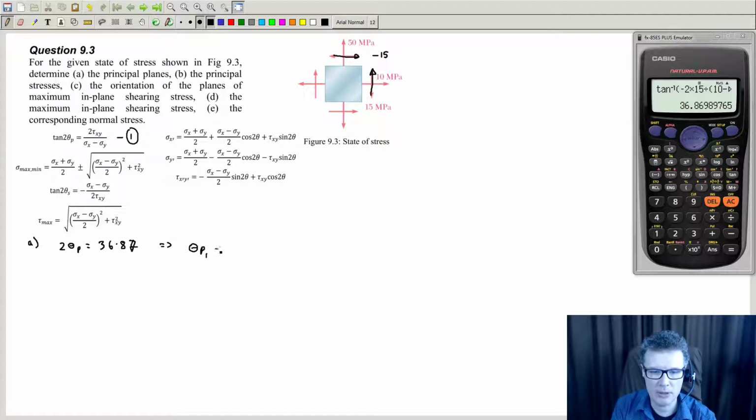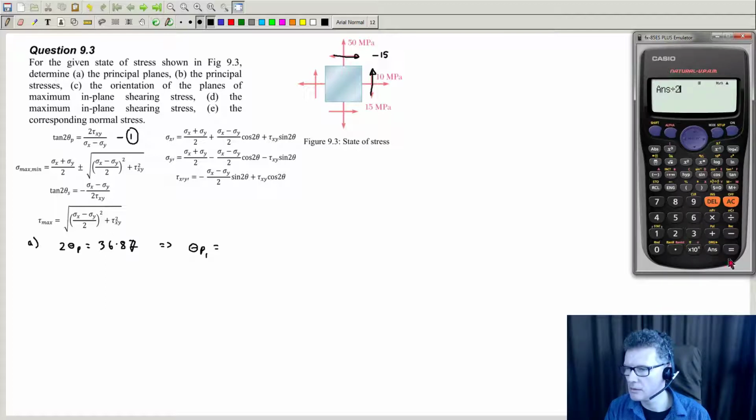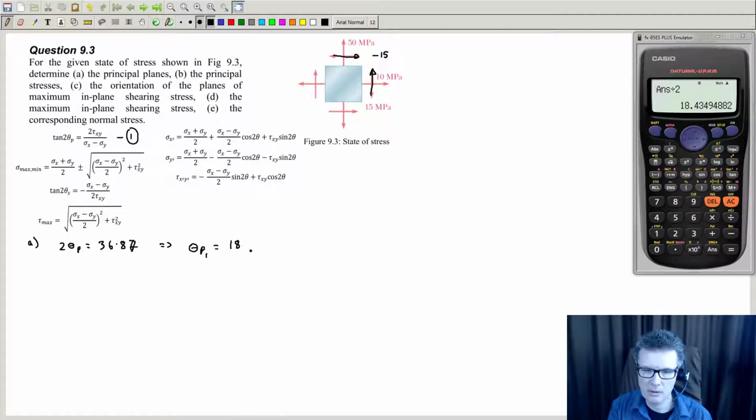So principal plane 1 will be 18.435 degrees, and because it's inverse tan, we want to add on another 180, but that's divided by 2, so we want to add on 90.